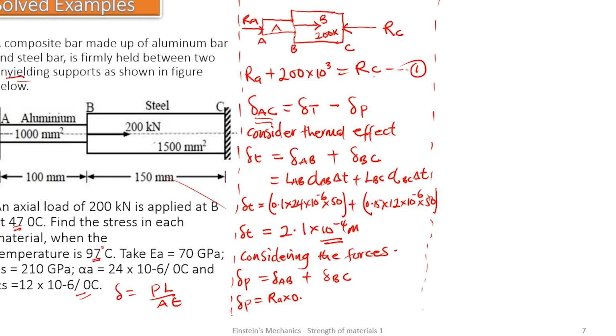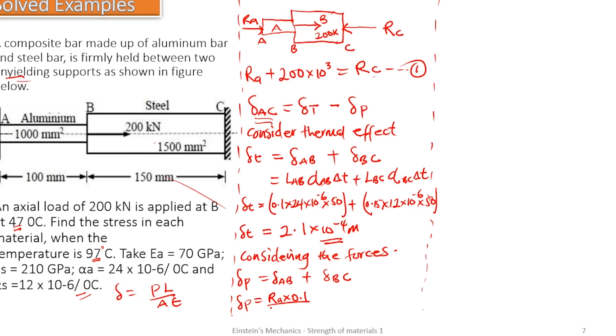So we have 0.1 over the area. Now we have the area to be 1000 millimeter square, so we can change it back to meter square by multiplying by 10 raised to the power -6.